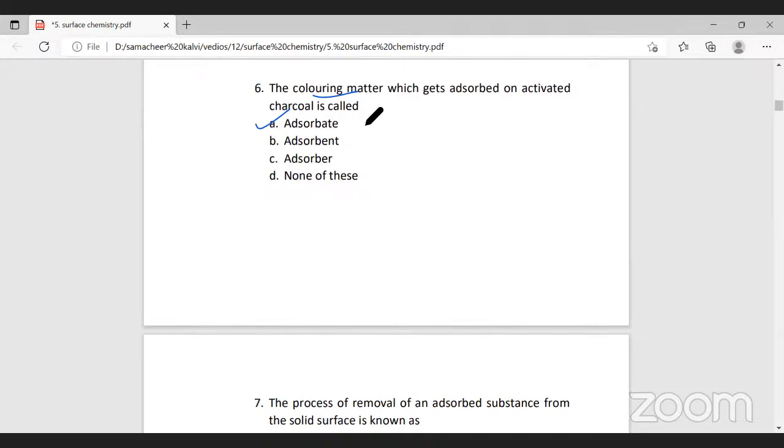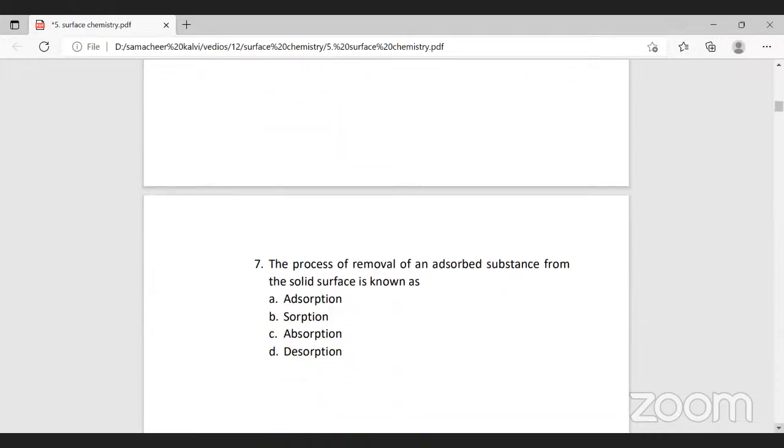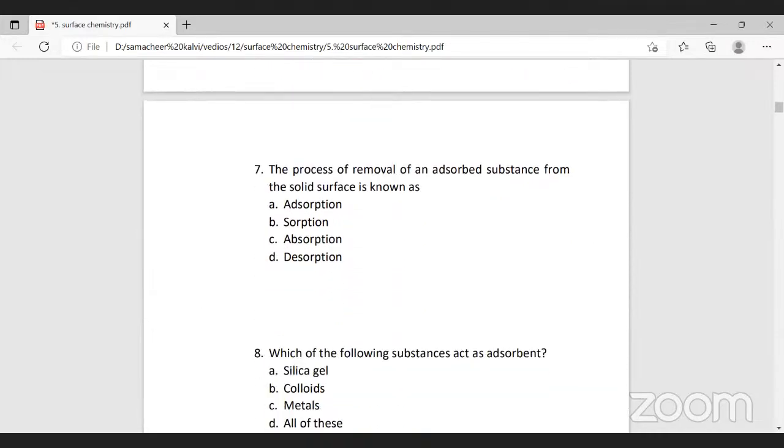So the answer for this question is option A. The next question. The process of removal of an adsorbed substance from the solid surface is known as adsorption, sorption, absorption, desorption. Desorption, removal. The next question.